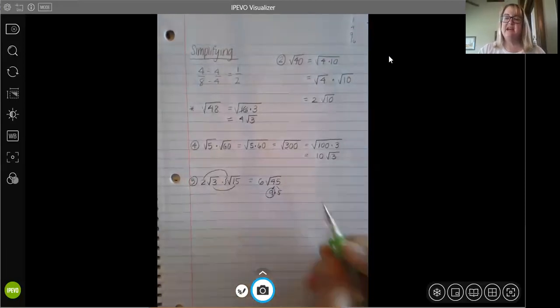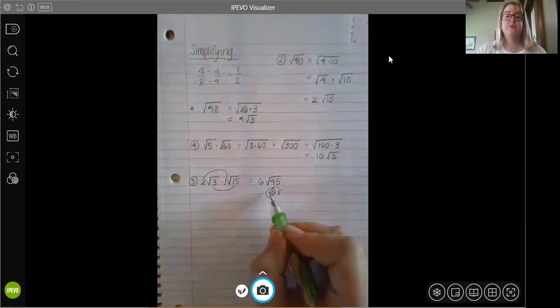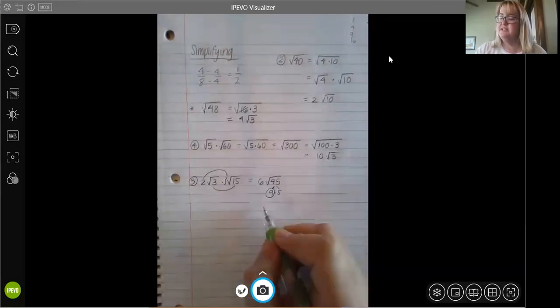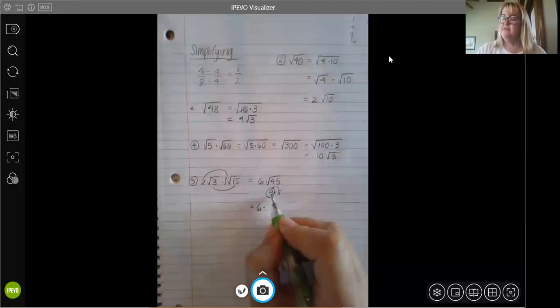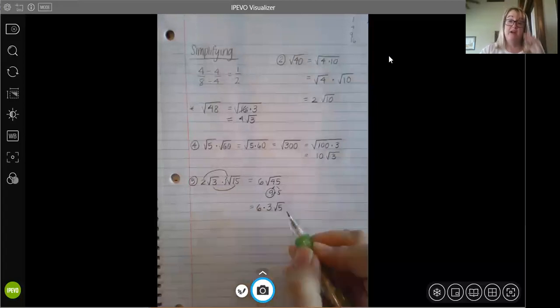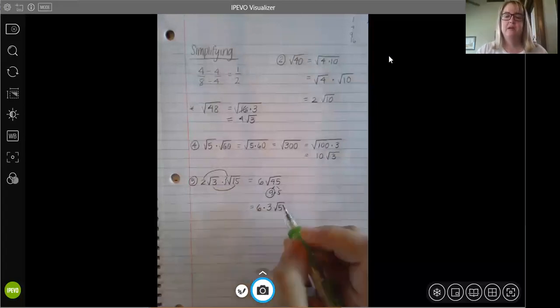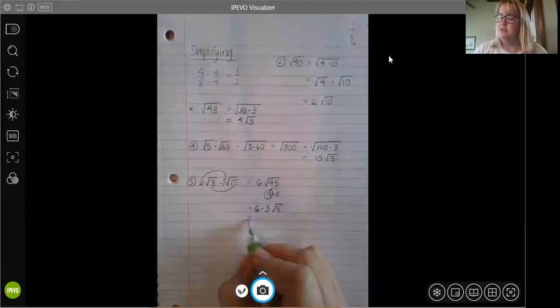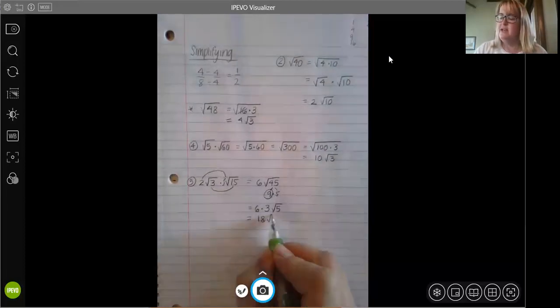I've already got a 6 outside of there, so when I factor out another number, you multiply it times whatever's already out there. So this is the same thing as 6 times 3 times the square root of 5. 5 is left. We cannot factor out a square number. And then to simplify further, it would be 18 times the square root of 5.